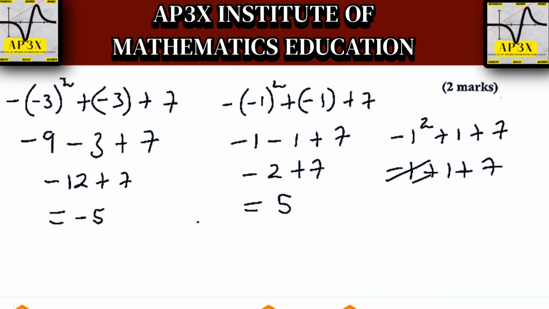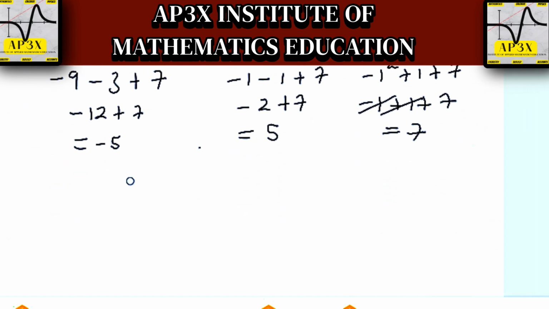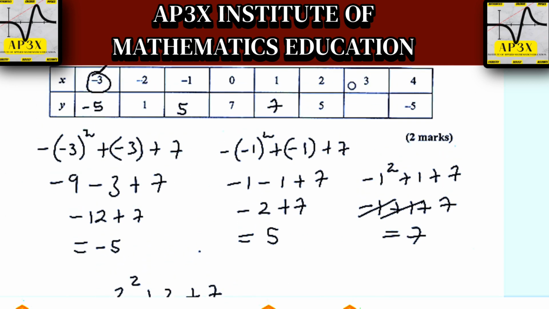Negative 1 plus 1 is 0, so that's equal to 7. So 7 goes here. And then of course, nicely, we have 3, so that's negative 3 squared plus 3 plus 7, so that's minus 9 plus 3 plus 7. So minus 9 plus 3 is minus 6 plus 7, and that works out to be 1. So 1 goes here.